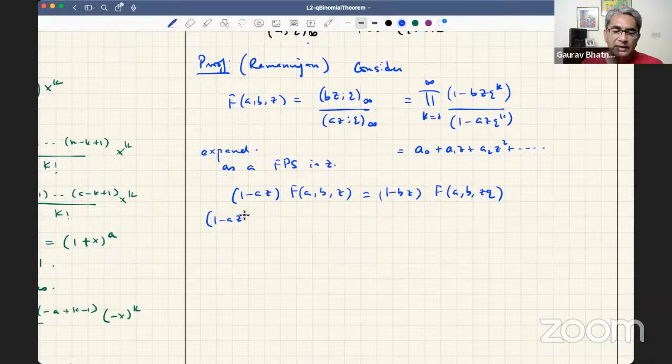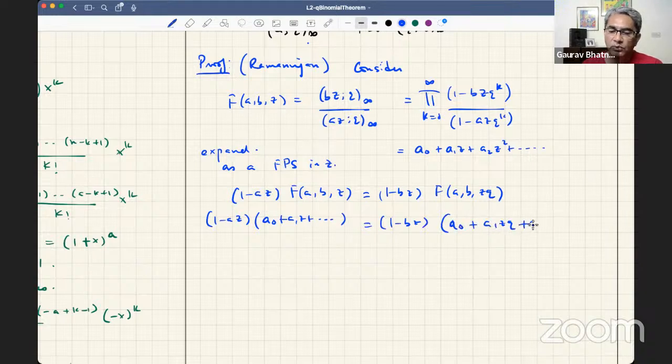So 1 minus az, and this is a power series, 1 plus a1 z plus and so on, is equal to 1 minus bz times a0 plus a1 zq plus a2 z squared q squared plus and so on.